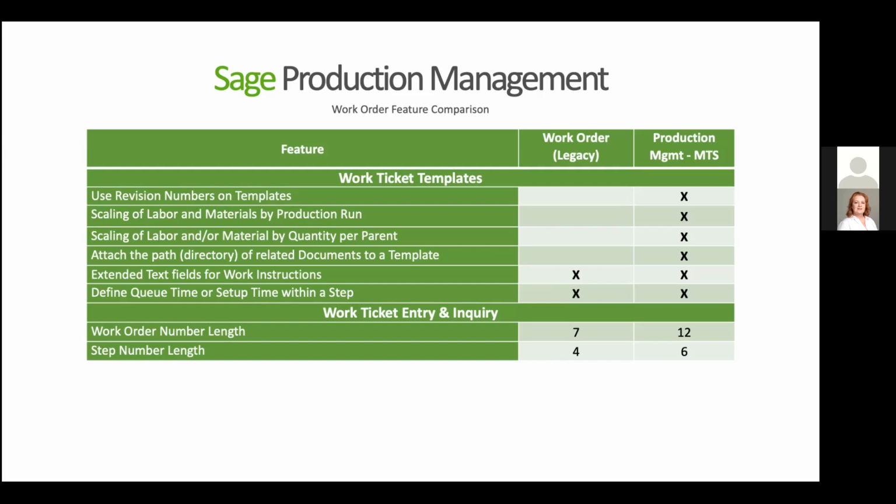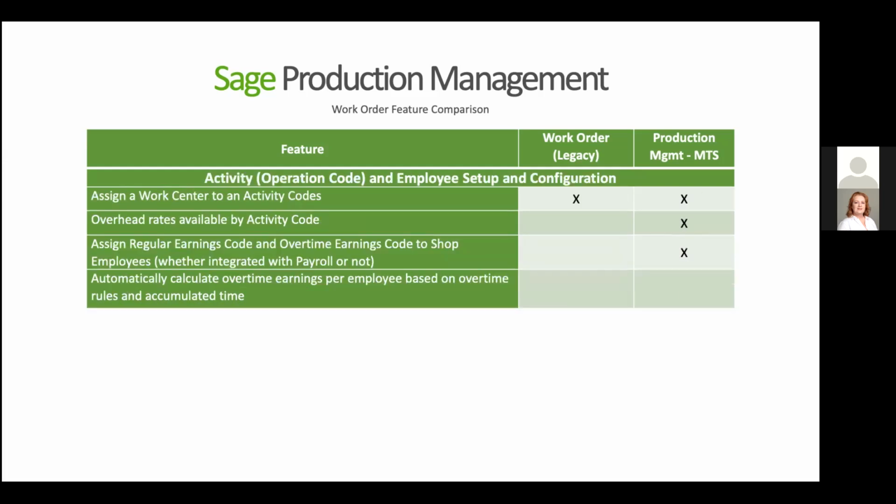And then we've extended the work order number length and the work order step length, as far as how many digits you can have. So you can have up to a 12-digit work order number and up to a 6-digit work order step. That's a lot of work order steps, but if you need, you can track 999 steps if you want.